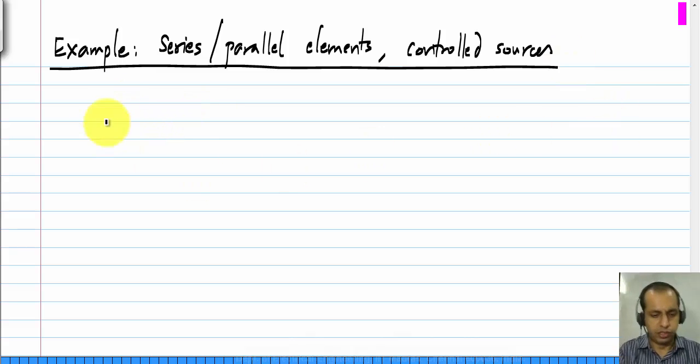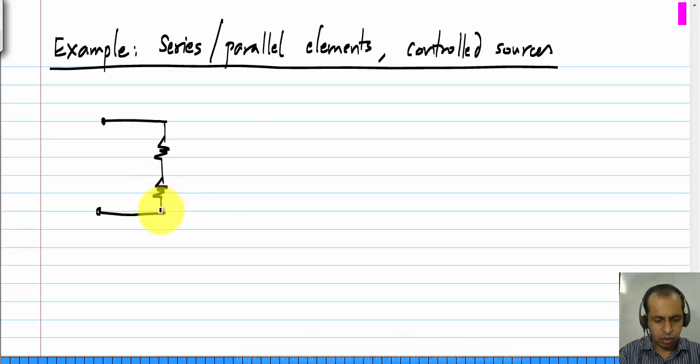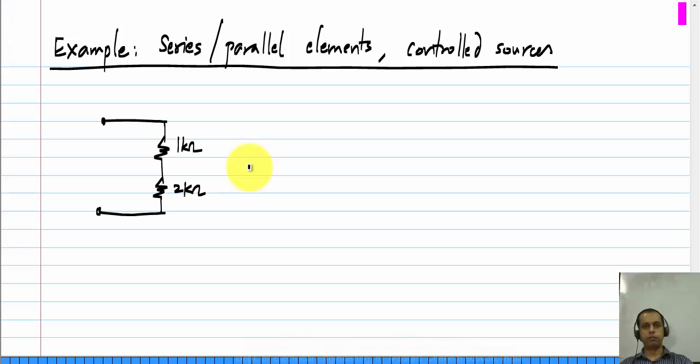Now let's take a very simple case. A circuit like this with two resistors in series, and any kind of question can be asked about this.